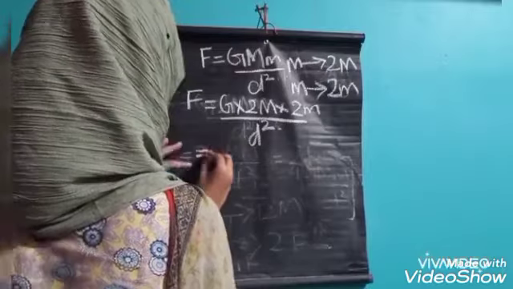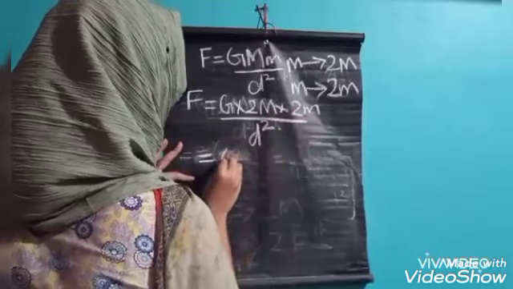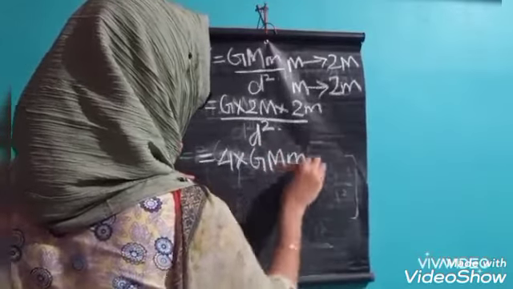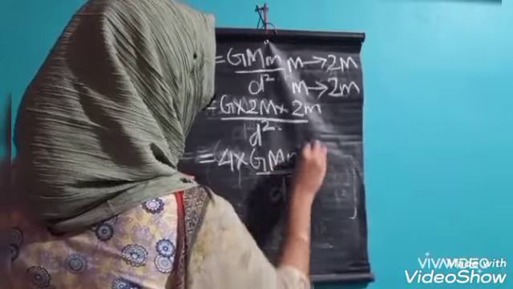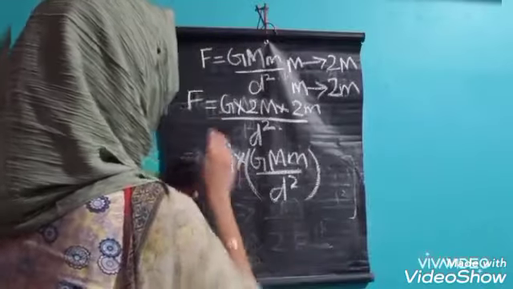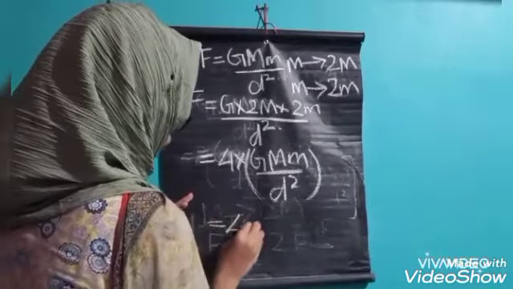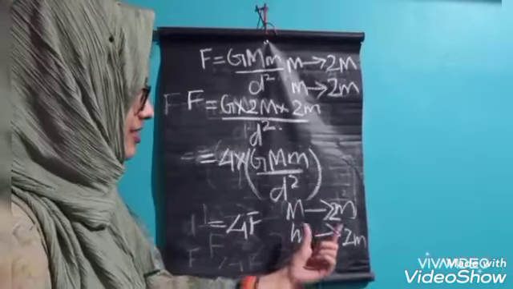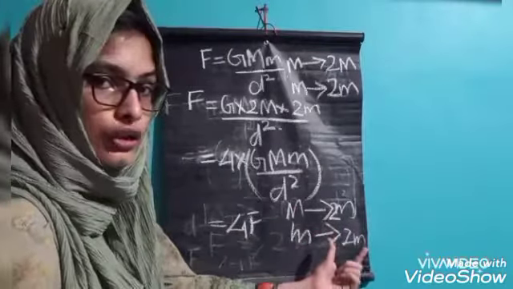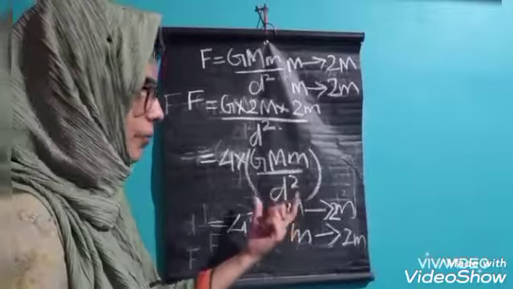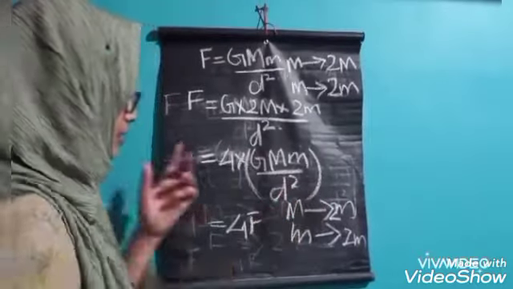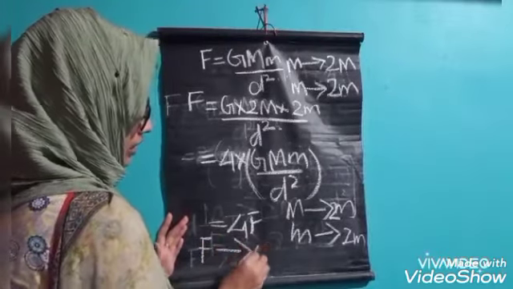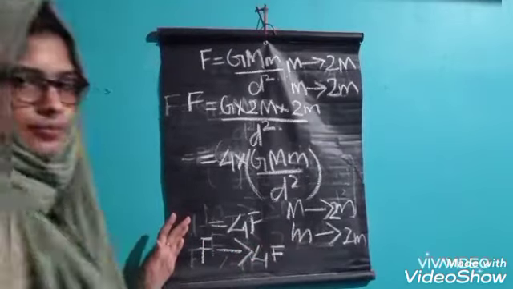So it is 2 into 2, 4, into GMm by D square. What is GMm by D square? That is F, so it is 4F. When the mass of both objects is doubled, the force of attraction increases to 4 times.